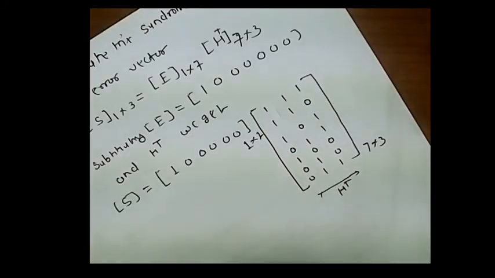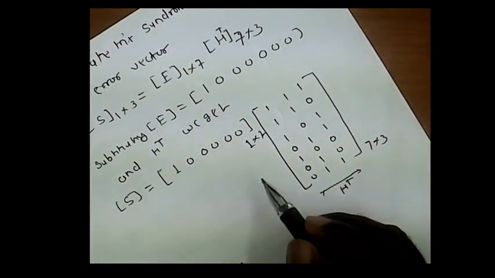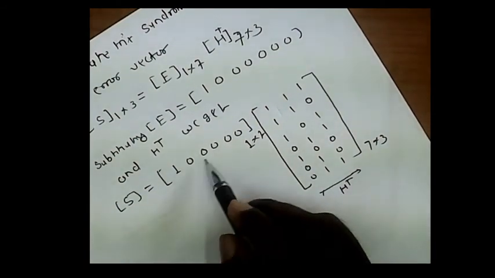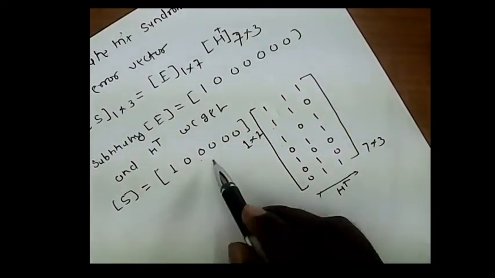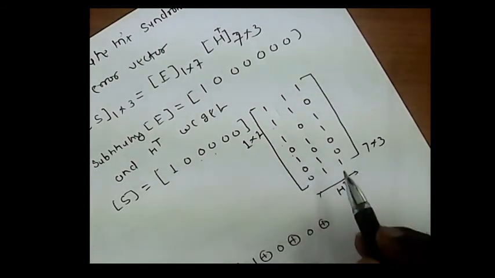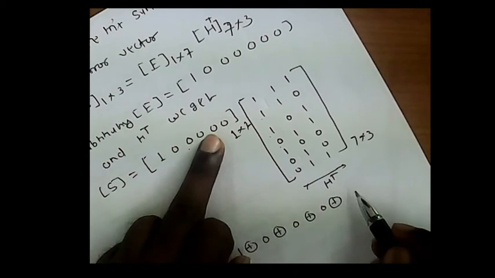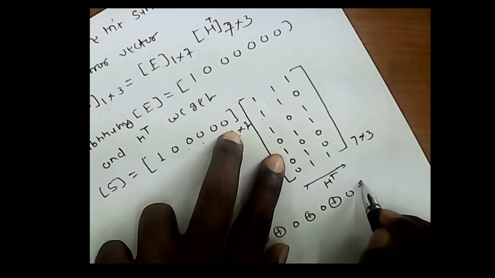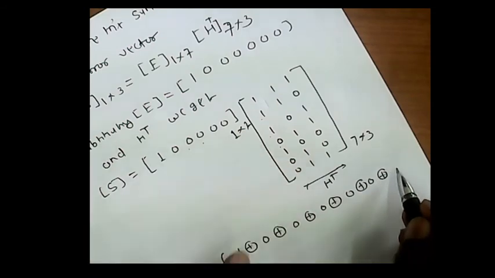So the first syndrome bit we can solve directly. 1 into 1, 0 into 1 that is 0, 0 into 1 that is 0, then 0 into 0 that is 0, and 0 into 1 that is 0, 0 into 0 that is 0, again 0 into 0.